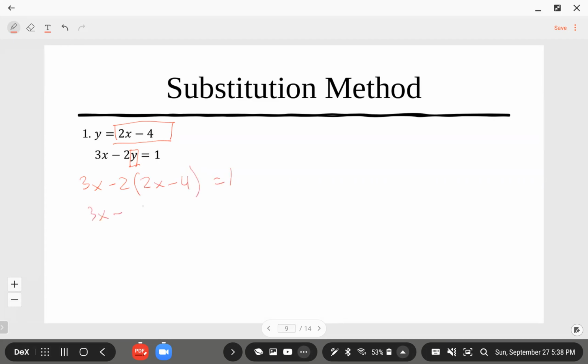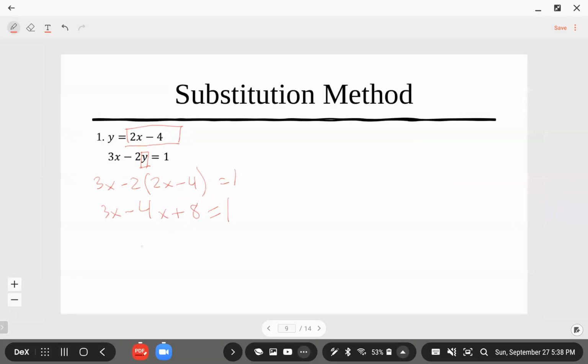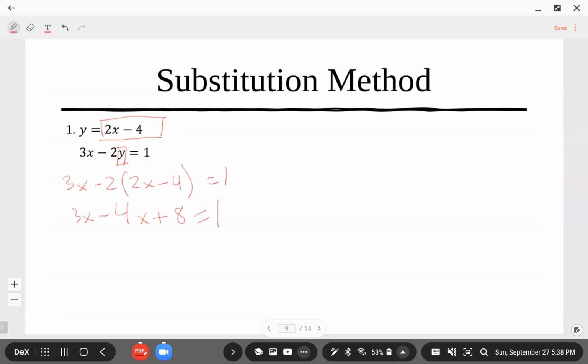3x minus 4x plus 8 equals 1. Okay? So that is our next step. And then we get 3x minus 4x, negative x, equals -7. And then x would equal 7.